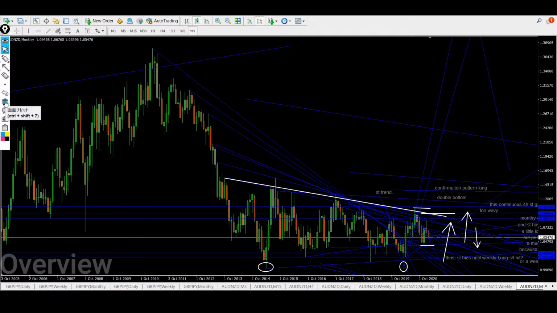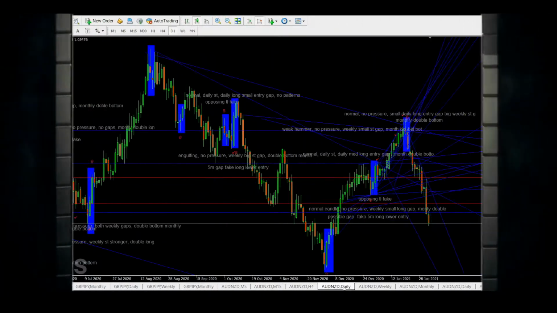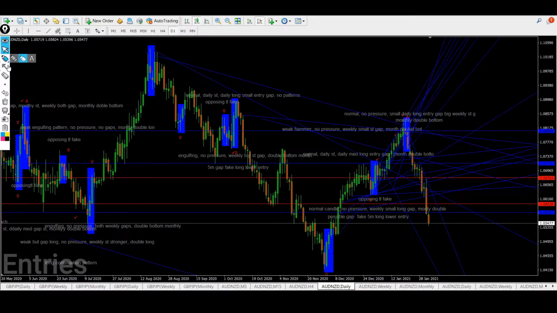Okay, so let's just go into entries. This is a daily chart. Roughly 2 weeks ago, I was mentioning a very strong short trade. If that short trade even touches this level right here, and more importantly this level, this whole level will collapse. And that has happened.